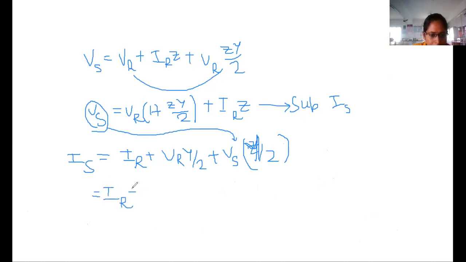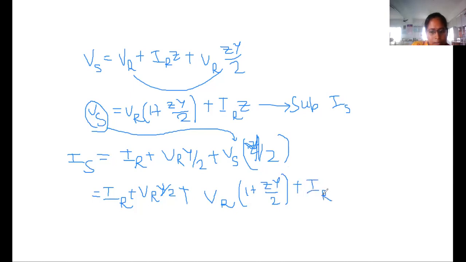You can get IR plus VR into Y by 2 plus the Vs value, which is VR into 1 plus ZY by 2, plus IR into Z, multiplied with Y by 2.